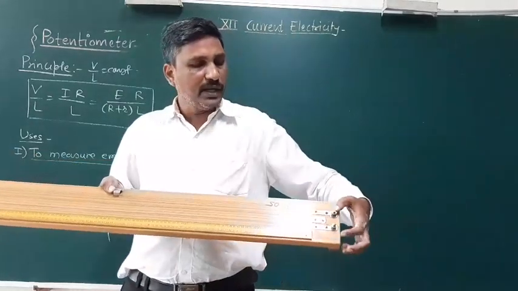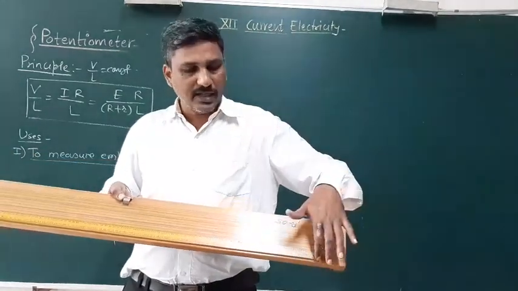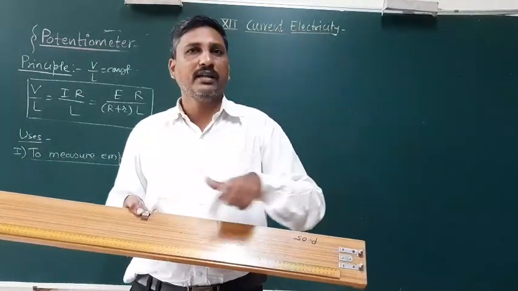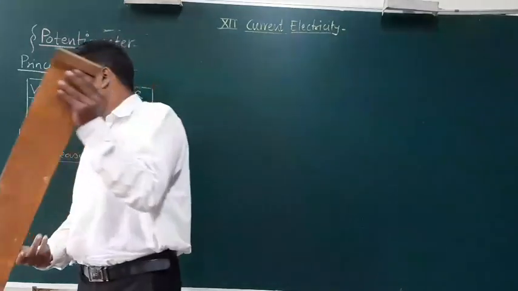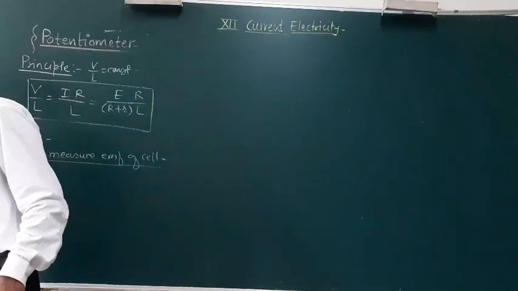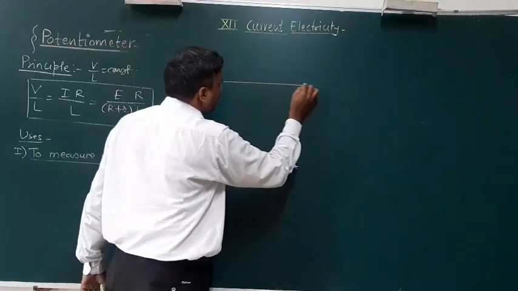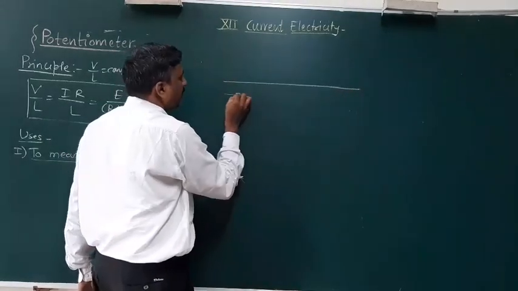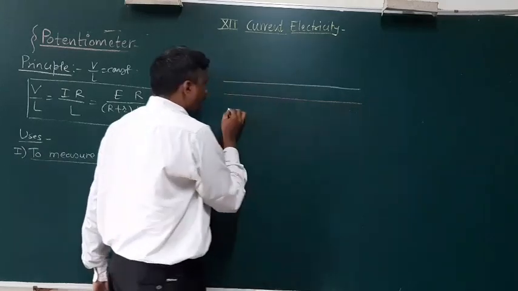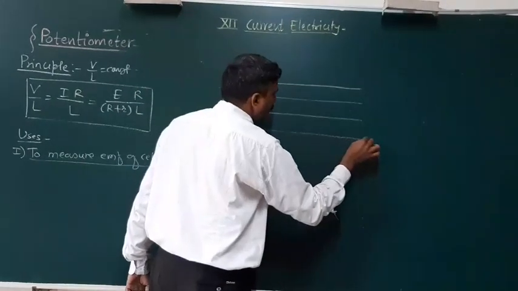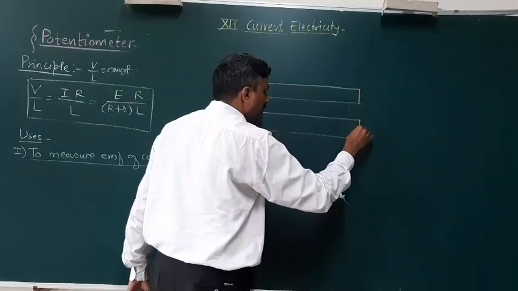This wire is stretched between the two points A and B, a scale is fixed below it, and the jockey slides on the wire AB and detects the null point or zero deflection point. So I am drawing a simple potentiometer here. To draw a potentiometer, it is very simple: we draw four parallel lines, and instead we have used the ruled lines of the notebook.